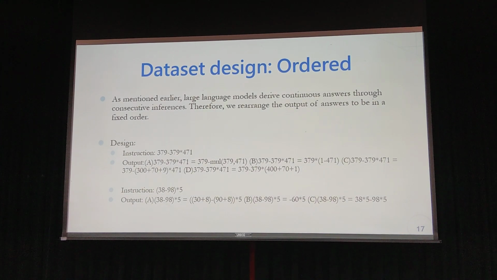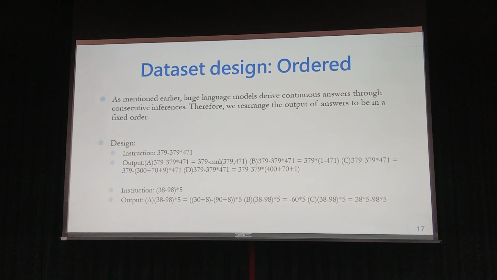And the third part is order. As we mentioned earlier, the positional relationship of the text is crucial for the model's inference. However, unlike text, numbers do not have a fixed order. Therefore, we aim to provide more reference points.